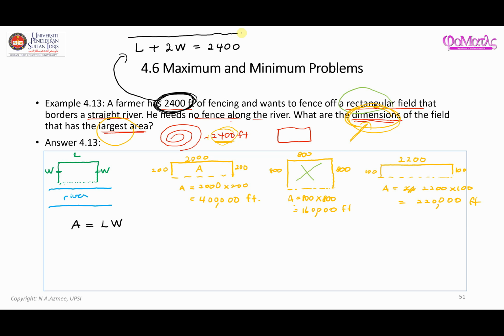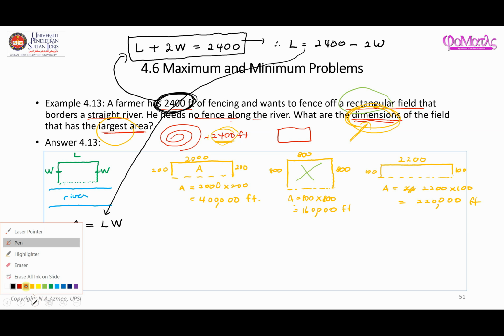This is another important fact, whereby we can replace what L is. So L is going to be 2400 minus 2W, and we're going to substitute this into the formula, the mathematical function.